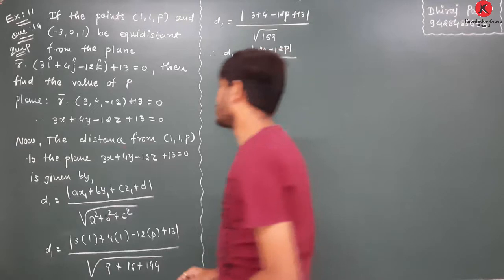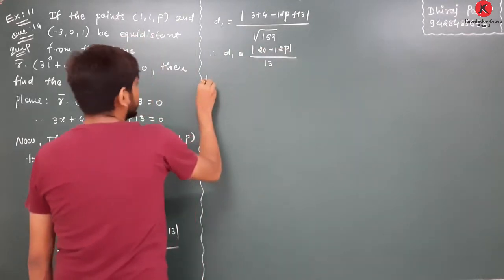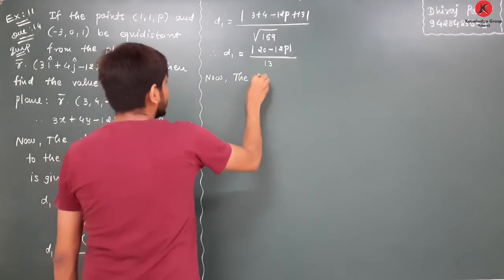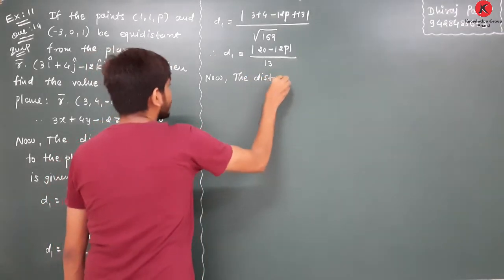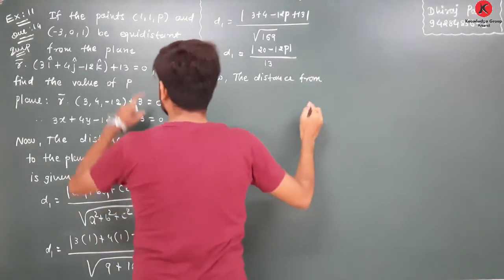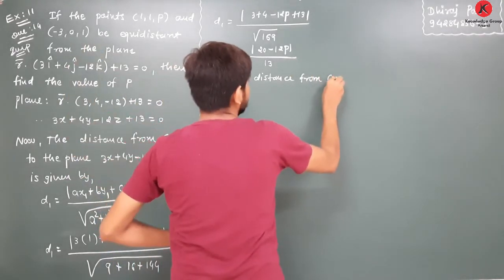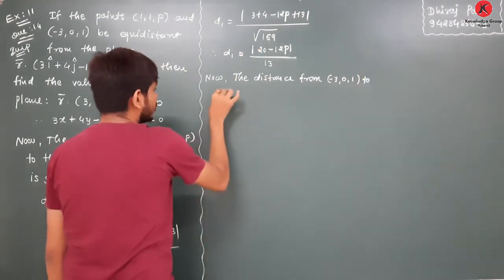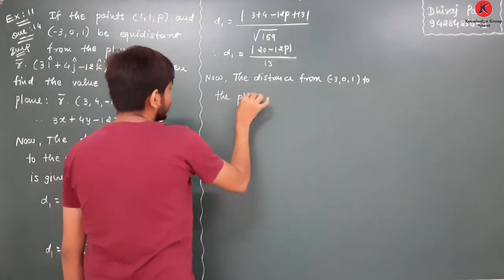Now obtain the d2. Now the perpendicular distance or the distance, you can write either. The distance from which point? From the point minus 3, 0, 1 to the plane. Which plane is given?